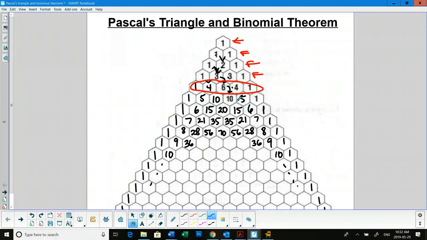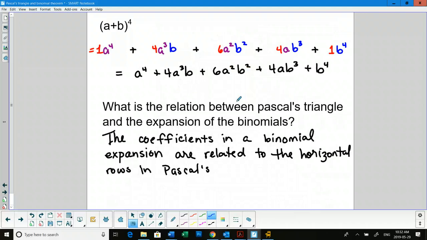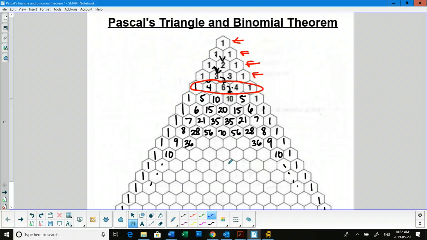I also sometimes just like to consider this, like I'll start with row 0, and that will be the row that I'll use to expand anything to the exponent 0. And then this will be row 1, row 2, row 3, row 4, row 5, and so on.